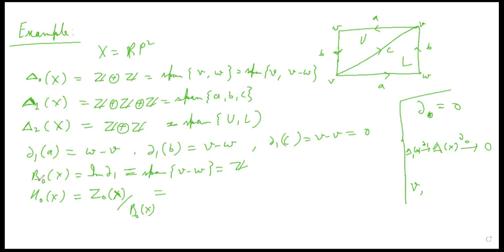So and v naught x is span of v minus w, right? So this one will be cancelled. So this is this, right? Because v naught x is spanned by v minus w, and this is spanned by v and v minus w, so this will be spanned by v, right?